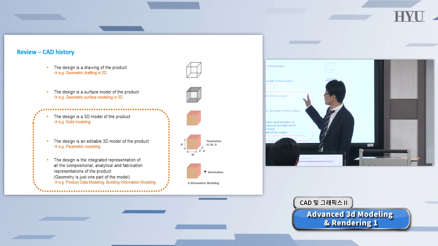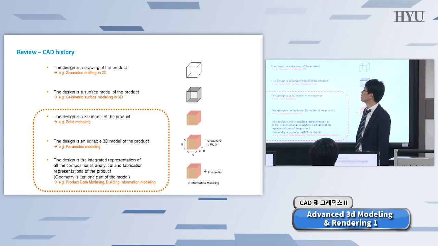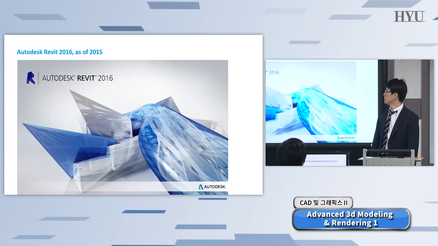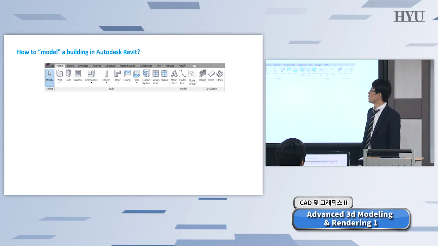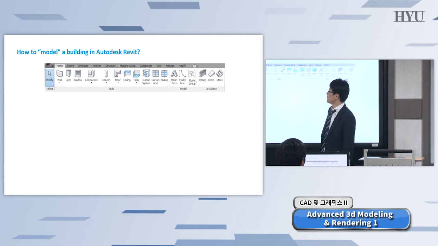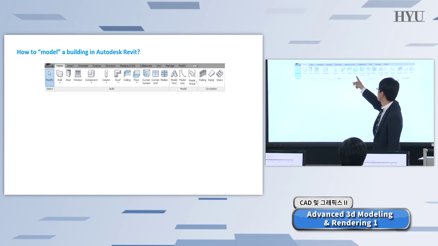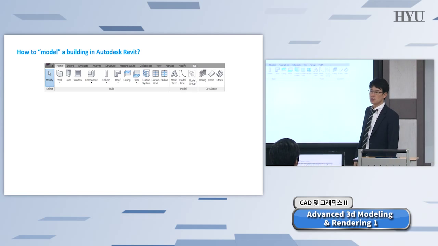So building information modeling handles this part, and also includes other parts. Okay, this is Revit 2016. Revit 2016 startup page, and let's take a look at this interface. When you see this interface, you can find there is wall, door, window, component, column, floor, railing, stairs. There is no line, point, box, cone, or sphere, okay?